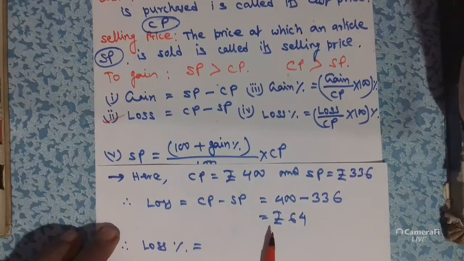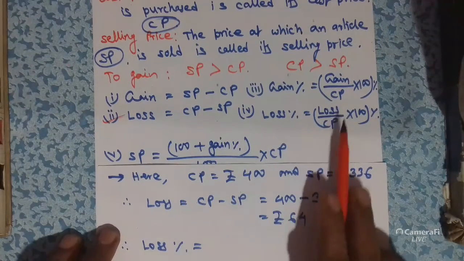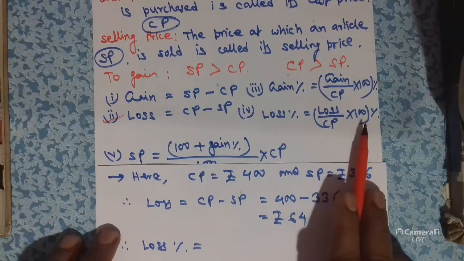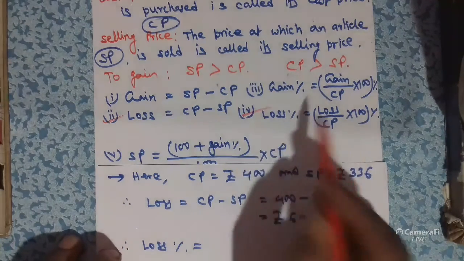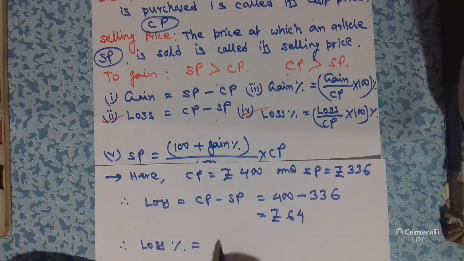I have already used it. Now we have to find loss percent. So loss percent is equal to loss by CP multiply 100. So here we have to use this formula.